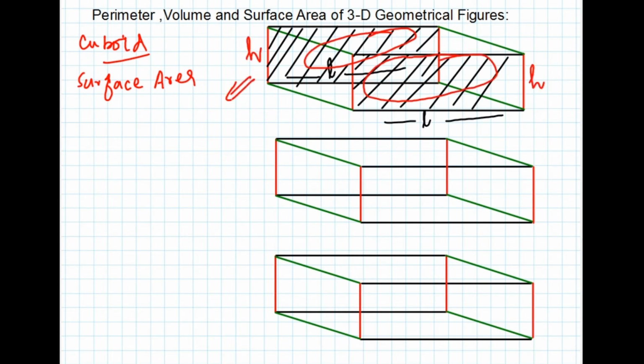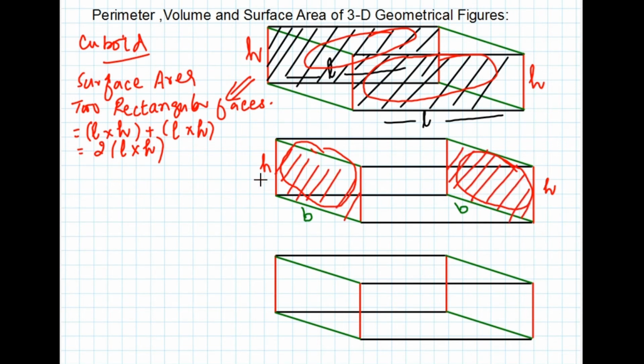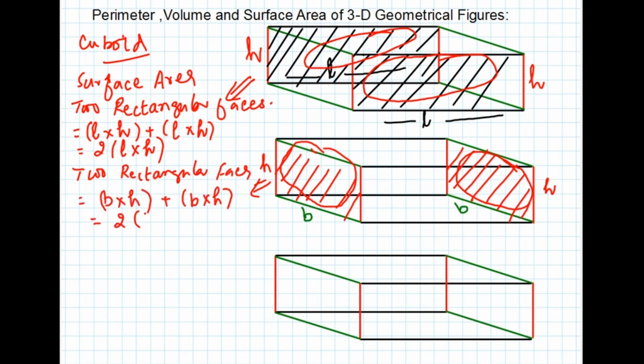So there are 2 similar rectangular faces having surface area is equal to L into H plus L into H is equal to 2 bracket L into H. Now another similar set of rectangles having breadth B and height H as shown, left and right side of cuboid as circled and shaded as shown. So 2 rectangular faces having surface area is equal to B into H plus B into H is equal to 2 bracket B into H.